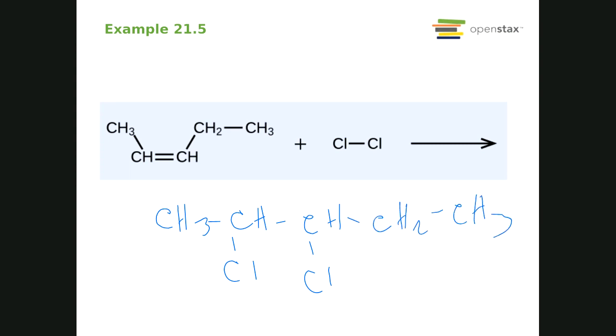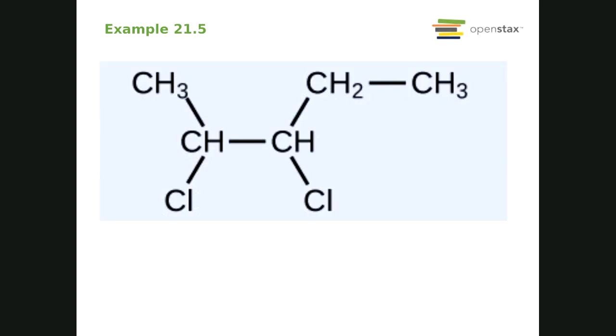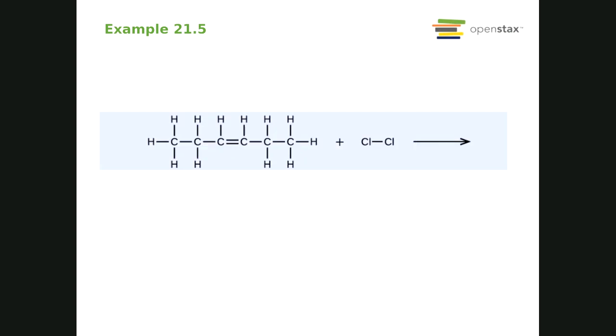So you're breaking one pi bond and adding Cl to one and adding Cl to the other carbon of the carbon-carbon double bond. And that would be the product that you have. Same thing, you would add the Cl and Cl.